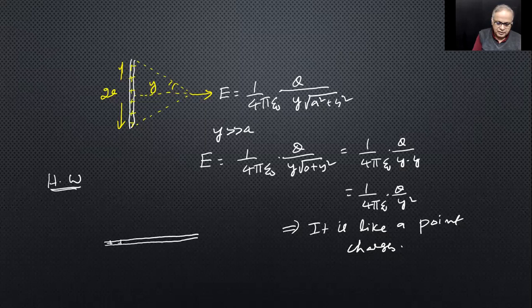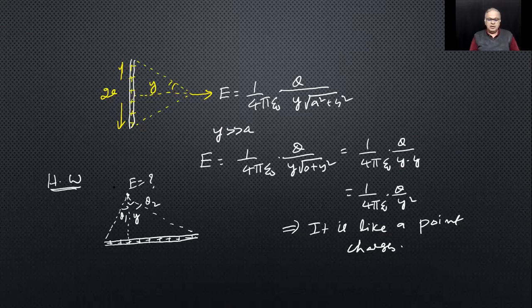But now I don't go for the perpendicular bisector. This edge is making theta 1. This edge is making theta 2. At this point, how much is E?